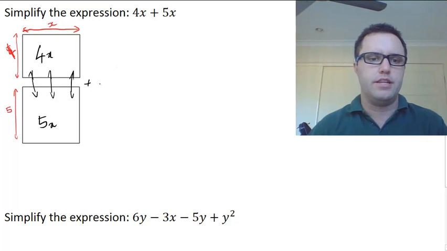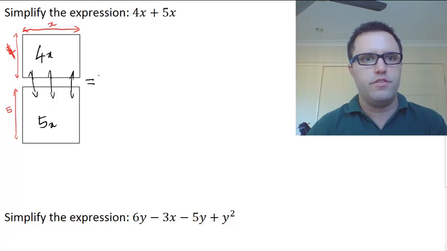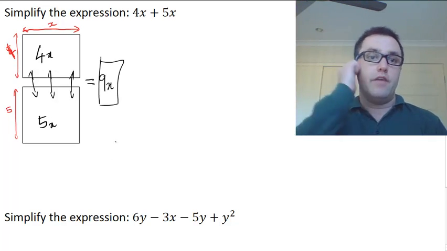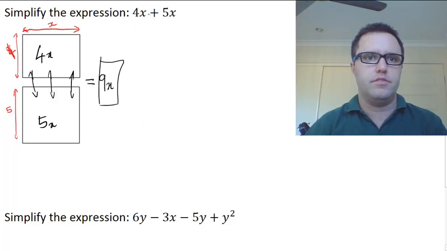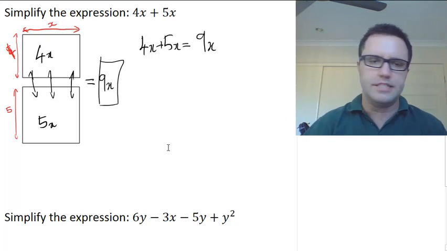Unsurprisingly, 4 plus 5, all of this together, equals a big block of 9x. And instead of having to draw this drawing, you might just go 4x plus 5x simply equals 4 plus 5 is 9x. That's how we do that.